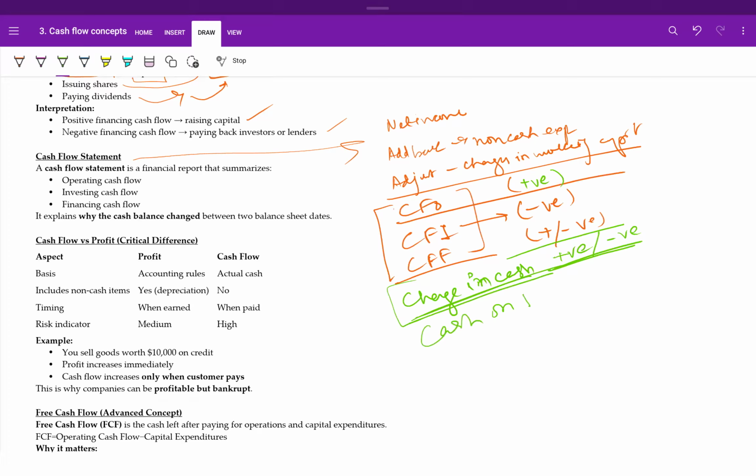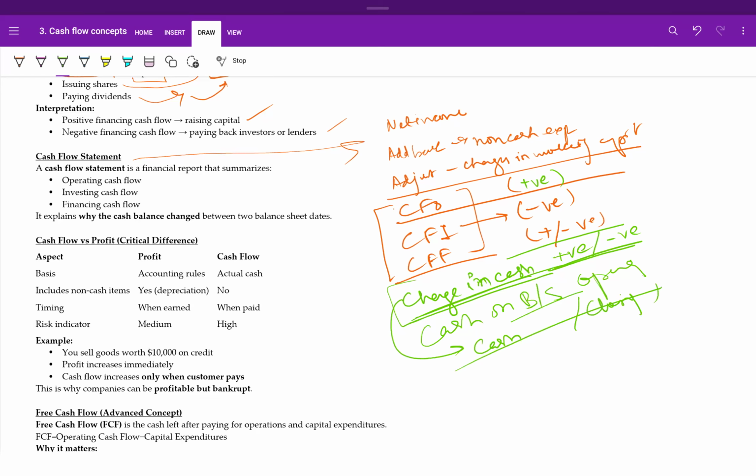The previous opening, we link it with that, and then we get the cash closing for that period. This is just a summarized version of the cash flow statement.